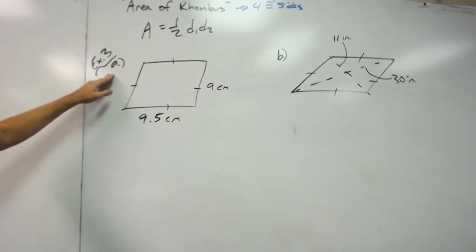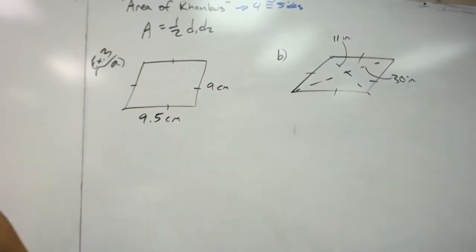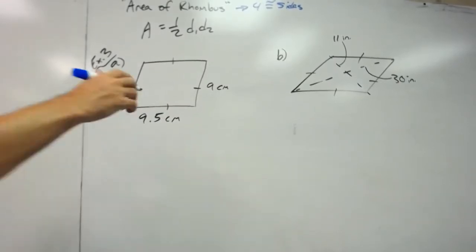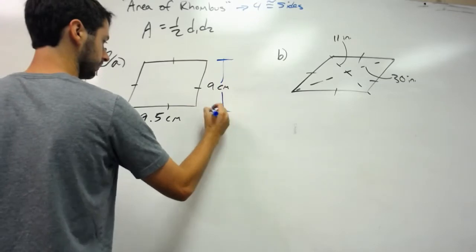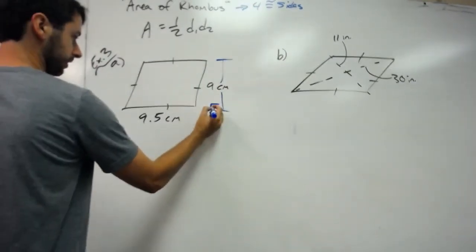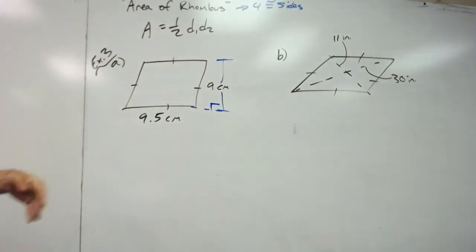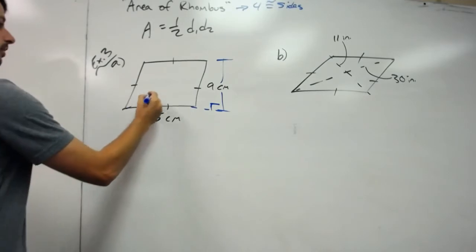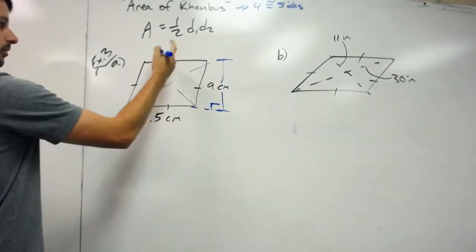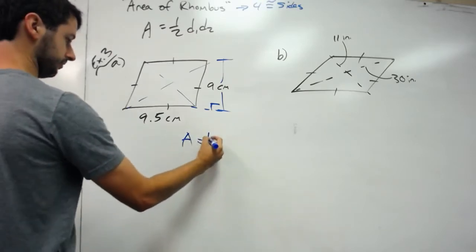Example 3a actually gives us 9.5 as a base, and for the height, it gives us 9, because it writes it like this, with a perpendicular sign. So we don't have the diagonals. We don't know the measures. Well, that's fine. We also know that the area of a quadrilateral is base times height.